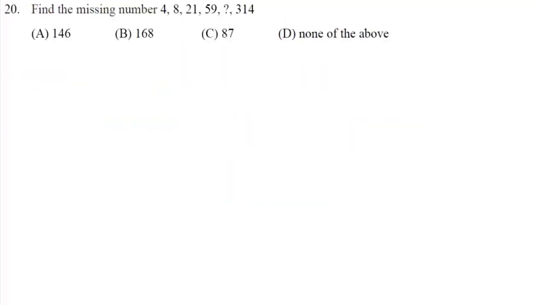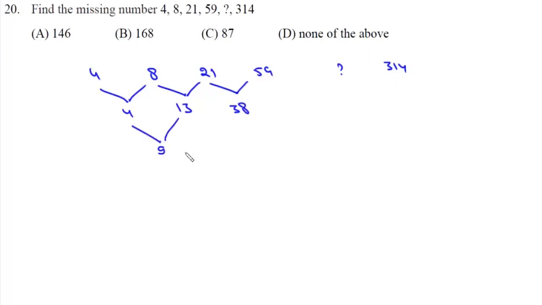A. Now question number 20 is, find the missing number: 4, 8, 21, 59, missing number, and 314. Now the difference between 4 and 8 is 4. Here the difference is 13. This difference is 38. Now this is 9. This is 25.